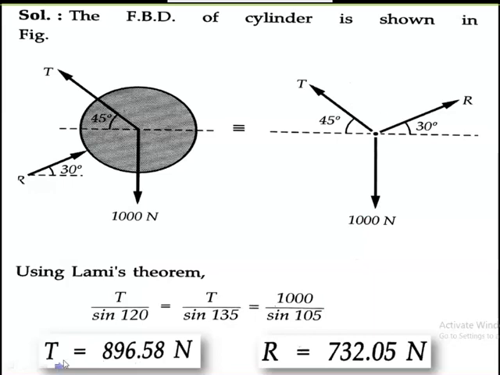Just equate this. T divided by sine 120 is equal to 1000 divided by sine 105. You will get this answer. And R divided by sine 135 is equal to 1000 divided by sine 105. You will get the value of R. So we get the tension in the string and also the reaction at the surface.